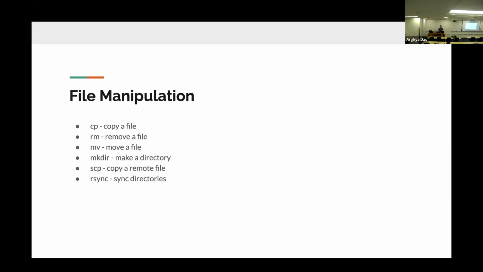The nice thing about rsync is if you're copying a large amount of data and your copy dies in the middle of it, if you run the rsync again, it will pick up approximately where it left off.